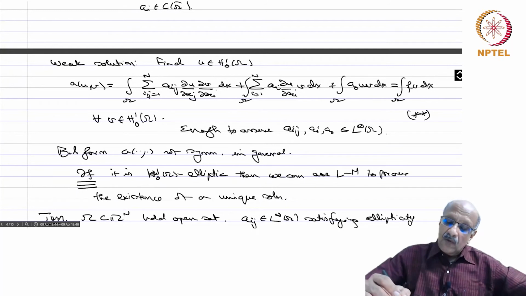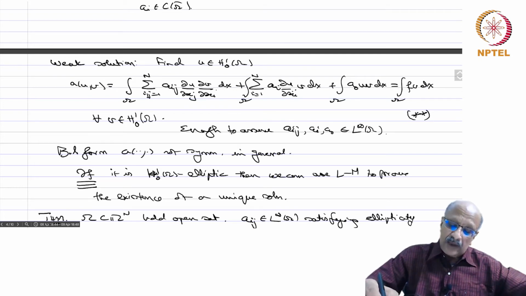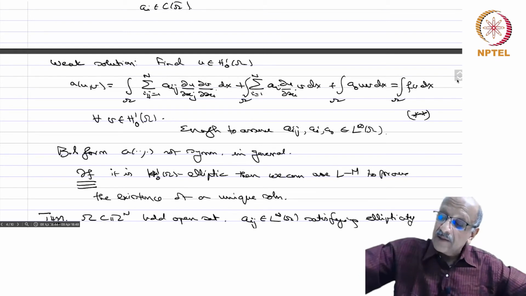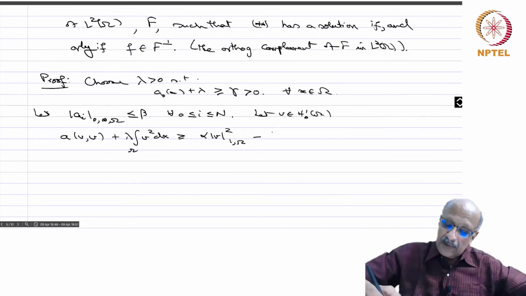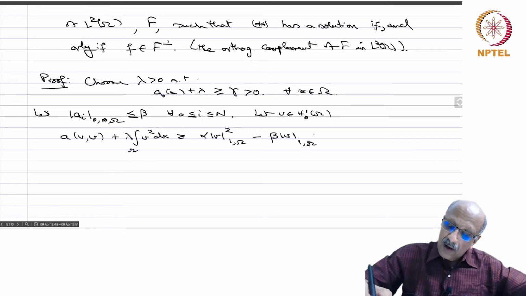So here you have the ai's are all less than beta, and therefore if you do the Cauchy-Schwarz inequality here, you get the H1 norm of v on omega times the L2 norm of v on omega. Since you are going to get a lower bound, you put a minus sign, this is minus beta times the H1 norm of v times the L2 norm of v.